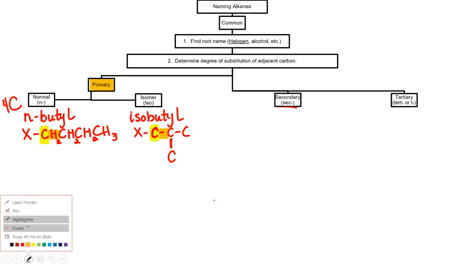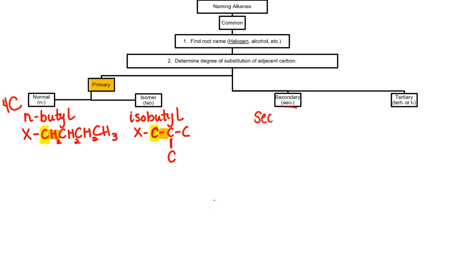Well, what does it mean to be secondary then? Then you would have sec-butyl. Sec-butyl is going to have this carbon attached to the functional group, attached to 2 other carbons. That gives us 3 out of the total 4 carbons that we need.